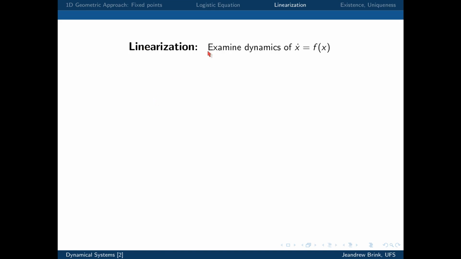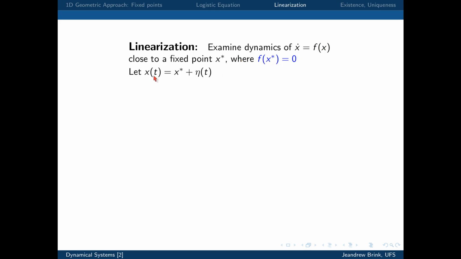So the aim in linearization is to examine the dynamics of x dot equals f of x, your equation, close to the fixed point x star, where x star is defined as the position at which f of x star equals 0. A specific graph might have more than one x star, but we just pick a specific one.